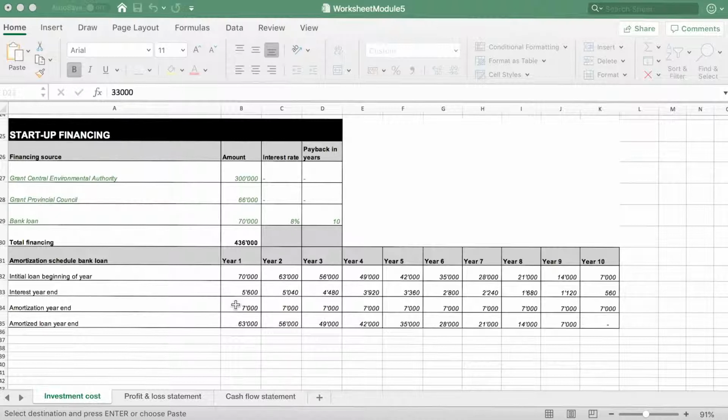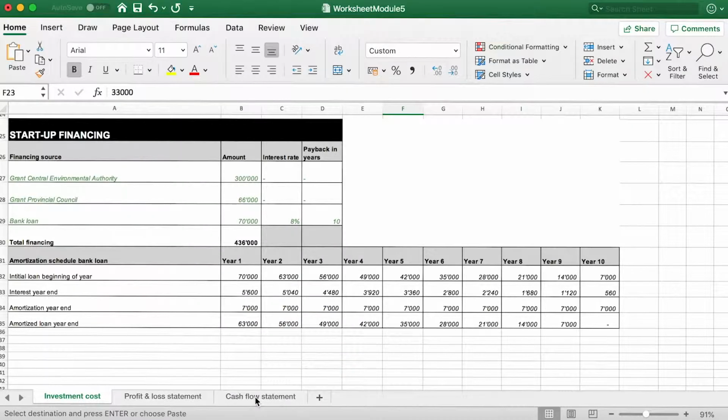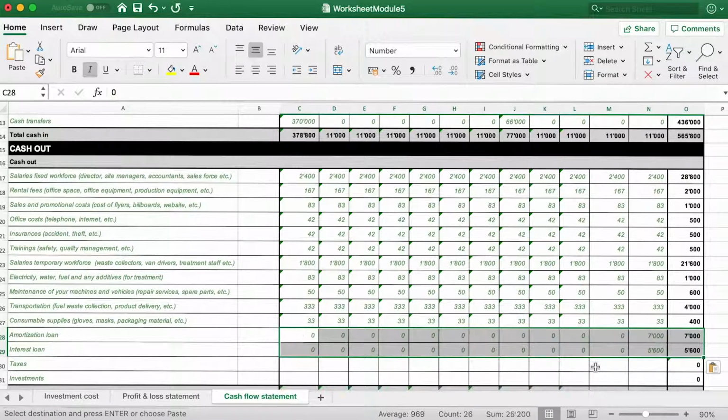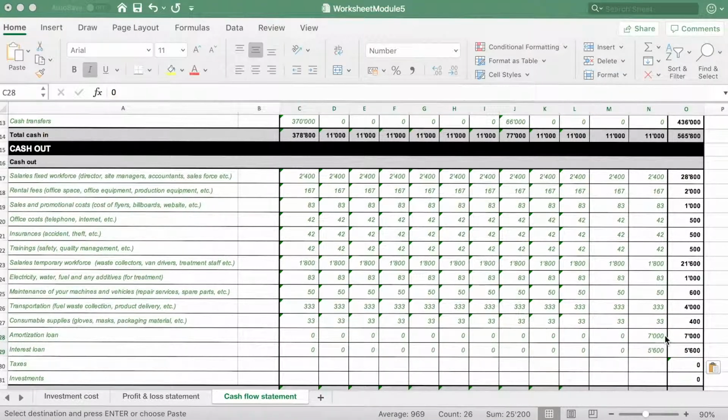As calculated in the amortization schedule, the interest in the first year will be 5,600. However, the amortization as well as the interest are only due at the end of the year, so we record them only in December.